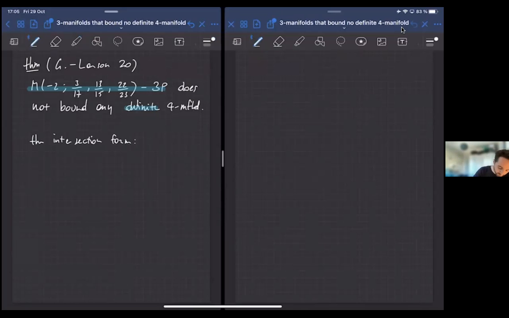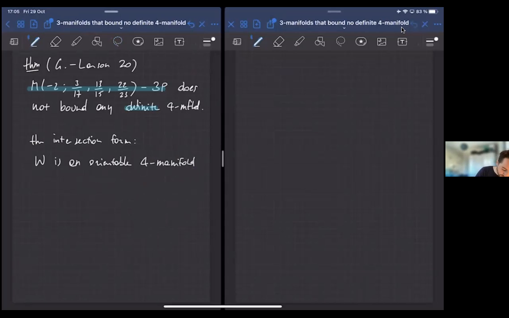So if, let me call it W, is a four manifold, can be with boundary, without boundary, I do not particularly care, but I need an assumption. I need at the very least that W is orientable.